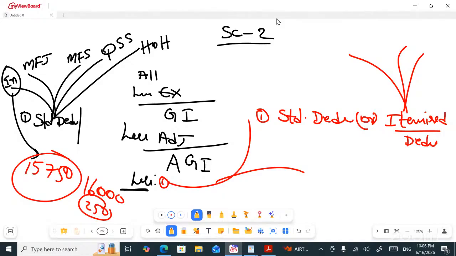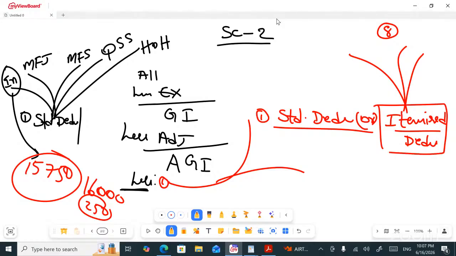Suppose any casualty loss suffered because of theft or other emergency situations, any loss that has happened to the taxpayer. We have 8 types of items given in the itemized deductions list. It is purely the choice of the taxpayer to claim either the standard deduction or itemized deductions.